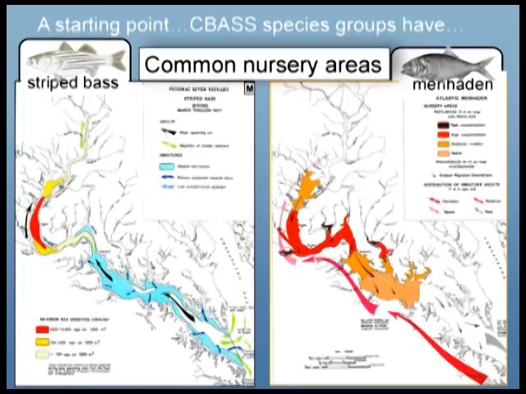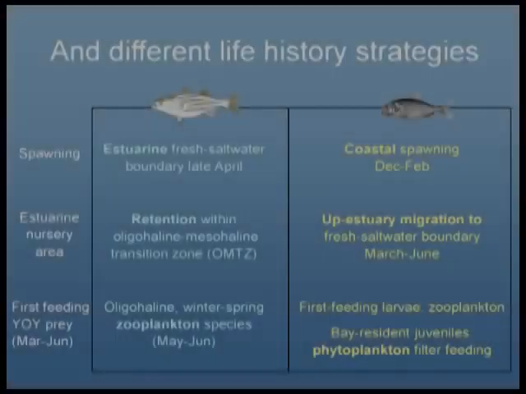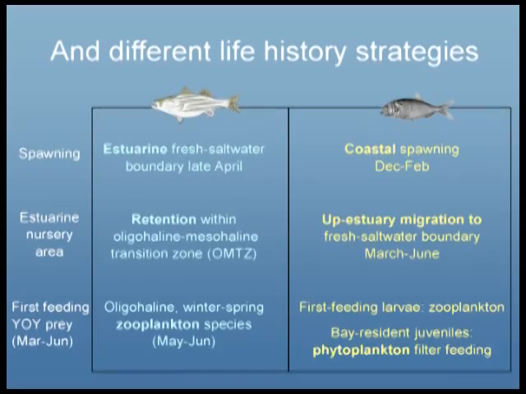But so they should have something in common so that they both react synchronously, but they react oppositely. So they need to have something that's opposite. And indeed, the shelf spawners are coastal spawning. They spawn in the winter to early spring, and they rely upon some sort of up-estuary migratory mechanism to arrive in these, I'll just call it OMTZ zones, from March to June, where they begin feeding, for Atlantic menhaden specifically, transitioning from pickers of zooplankton when they're very young to filter feeders on phytoplankton.